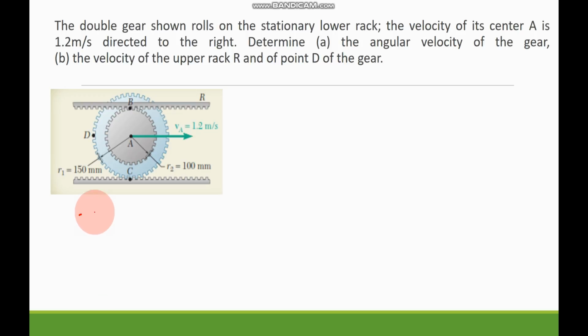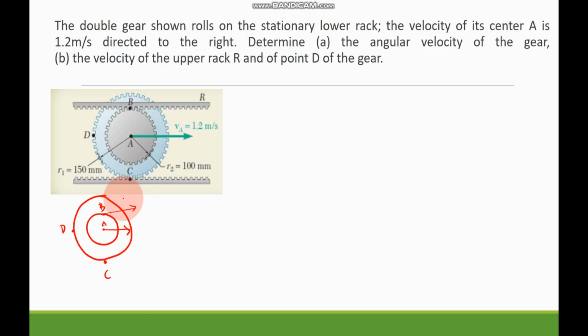So for the translation, let us say this is our gear, and we have point B, point D, this is point A, and point C. Since the velocity of A is equal to 1.2 and is directed to the right, the translation is also going to the right.